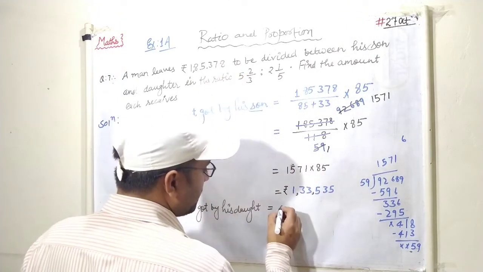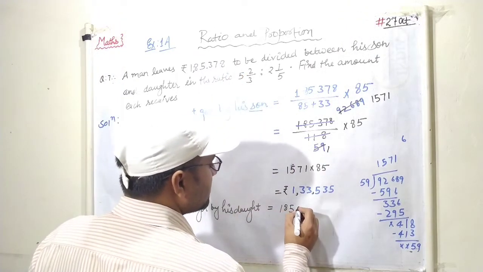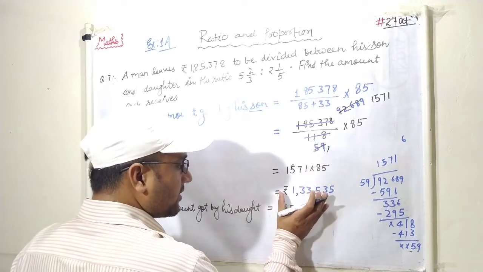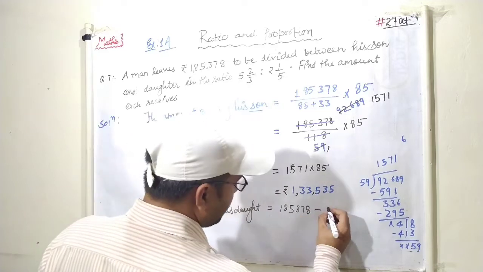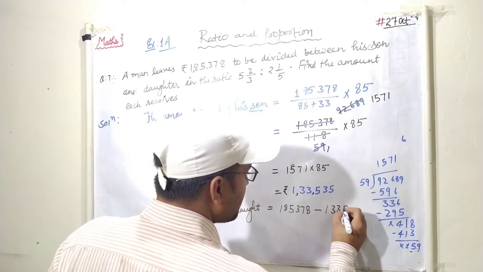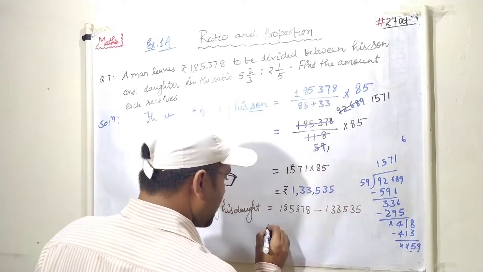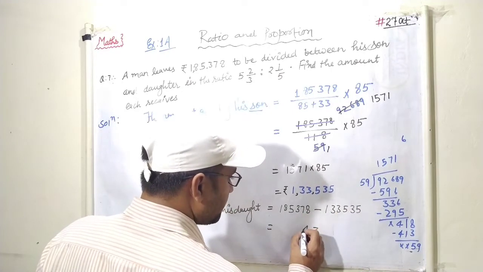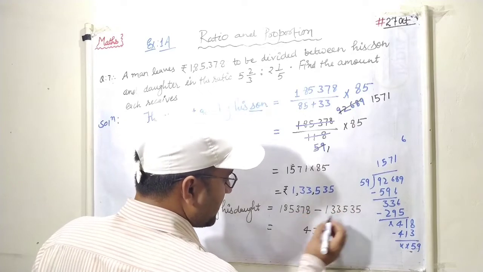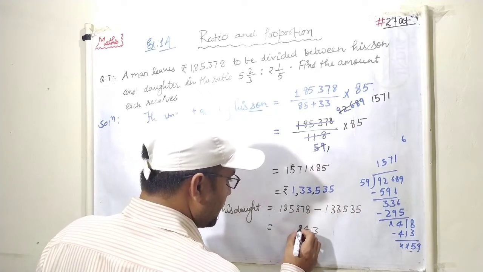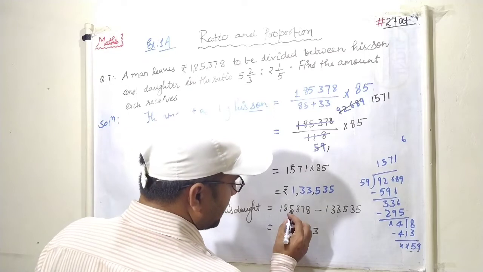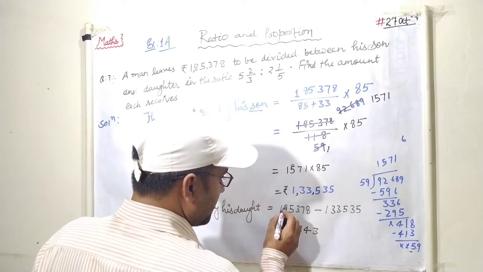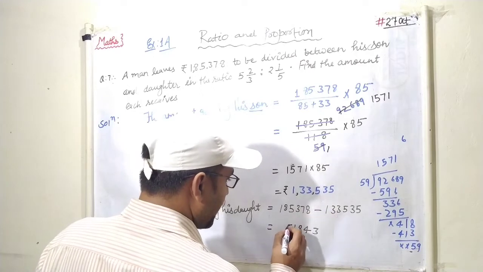From the total amount 1,85,378, you will subtract the amount got by his son, 1,33,535. If you subtract, 8 minus 5 is 3, 7 minus 3 is 4, 13 minus 5 is 8, 4 minus 3 is 1, 8 minus 3 is 5.